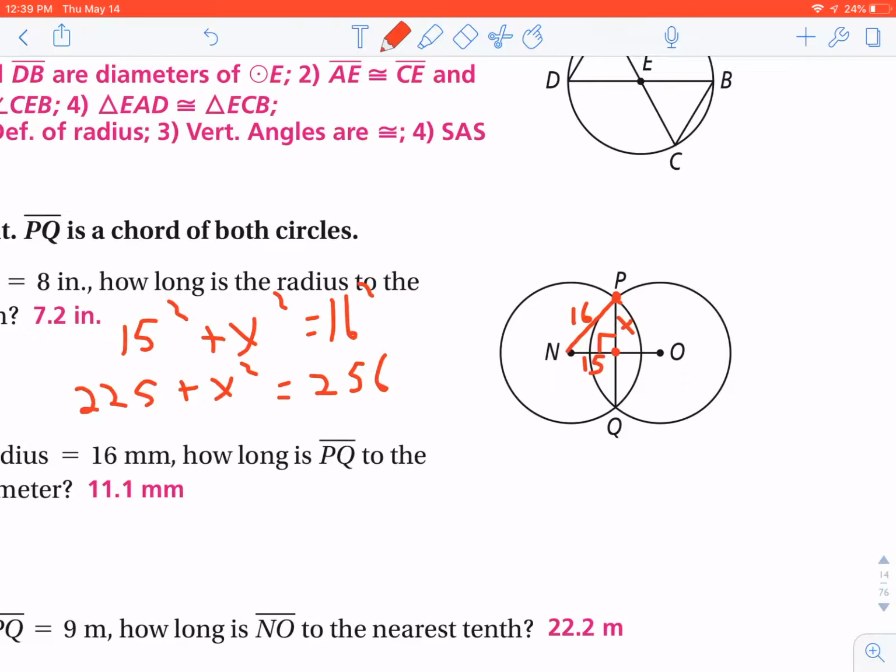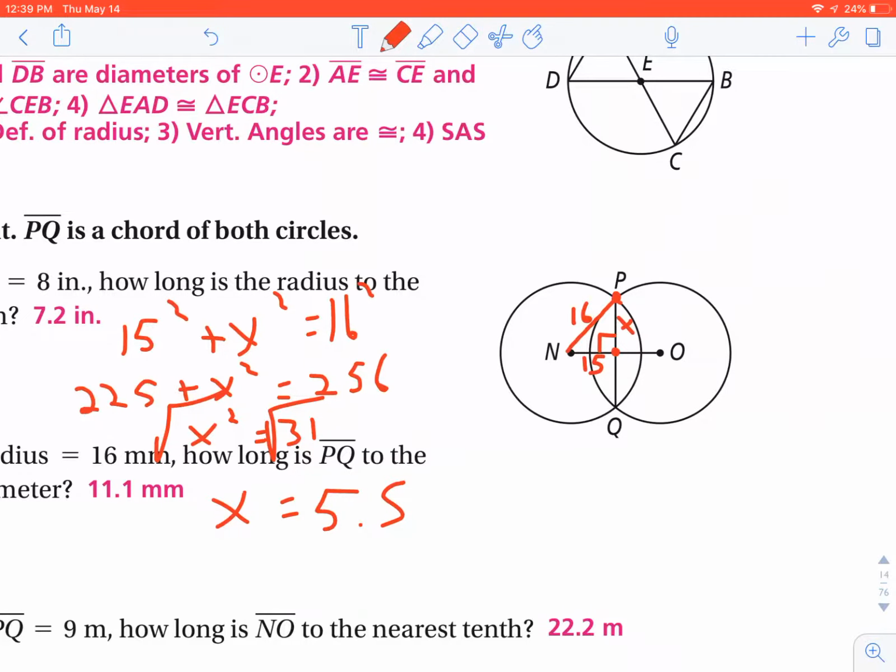When I subtract my 225 from both sides, I get x squared is equal to 31. Okay, and then I'm going to square root both sides, and x is going to equal about 5.5.